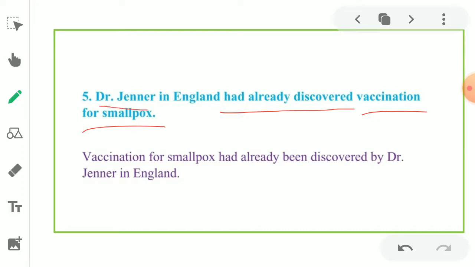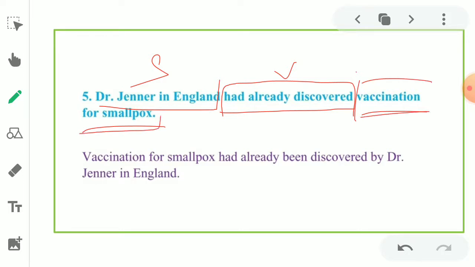Dr. Jenner in England, so this part is the subject. Had discovered is the verb. Vaccination for smallpox is the object. You take it first. Vaccination for smallpox. Had, so the helping verb had is written. Already. After writing already, you can take been.